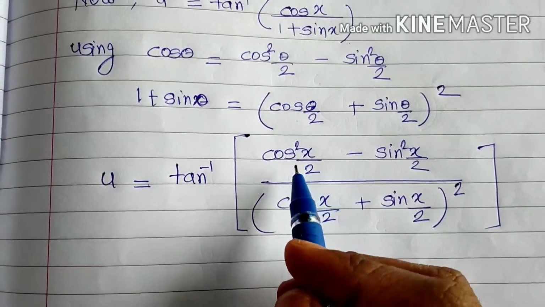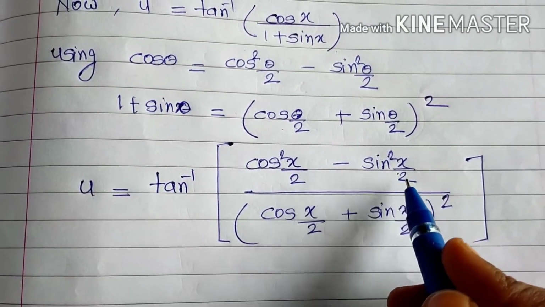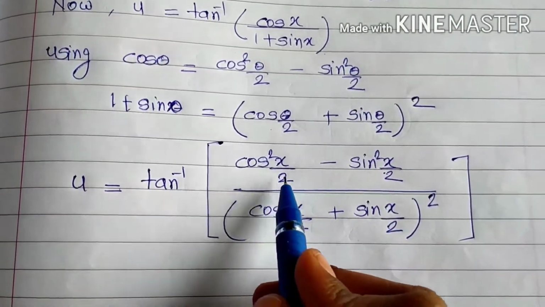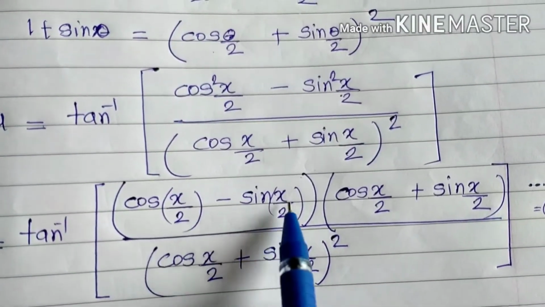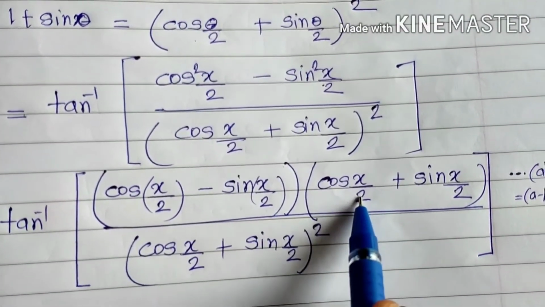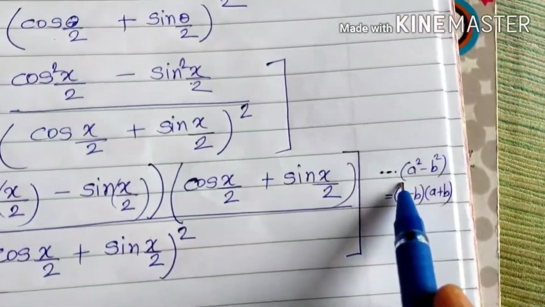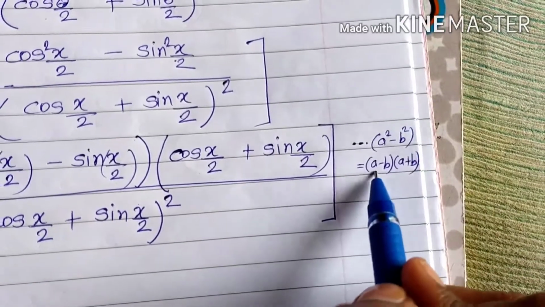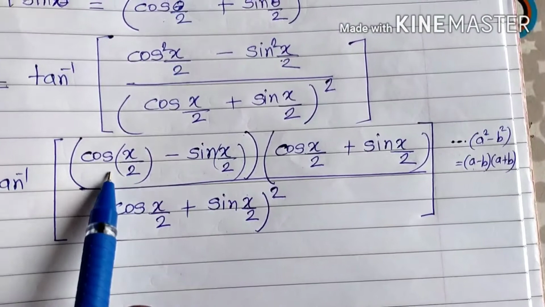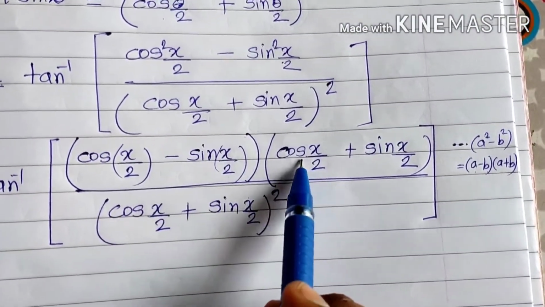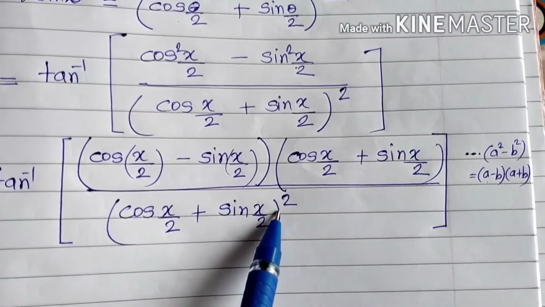Now we know that a square minus b square is equal to a minus b into a plus b. Using this you can split it. So tan inverse of cos x upon 2 minus sin x upon 2 into cos x upon 2 plus sin x upon 2 upon, this is as it is, by using this formula a square minus b square is equal to a minus b into a plus b. Now this cos x upon 2 minus sin x upon 2 and cos x upon 2 plus sin x upon 2, you can cancel it, this and from this one.